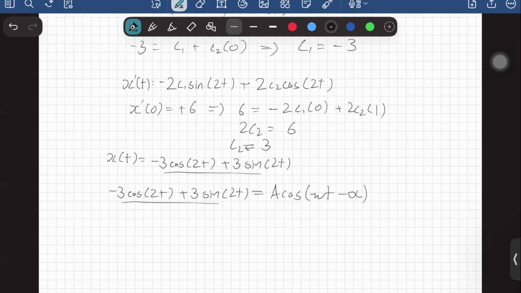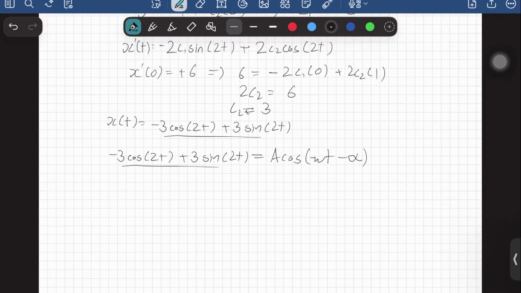So this is going to be equal to a cosine of 2t minus alpha, which equals a cosine of 2t multiplied by cosine of alpha plus sine of 2t multiplied by sine of alpha.